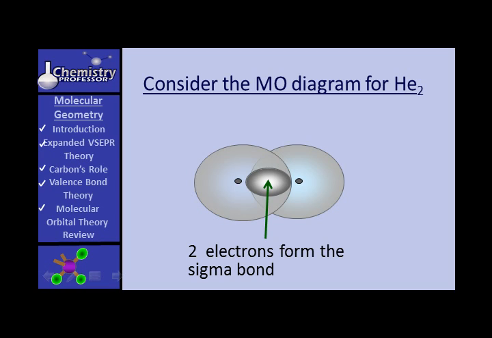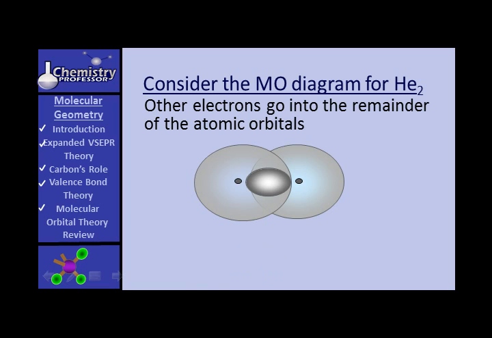The two electrons form the sigma bond right here in the middle, but that's two electrons. Where are the other two? The other two electrons go into what remains of the atomic orbital. What's left there that I'm showing is the sigma antibond.